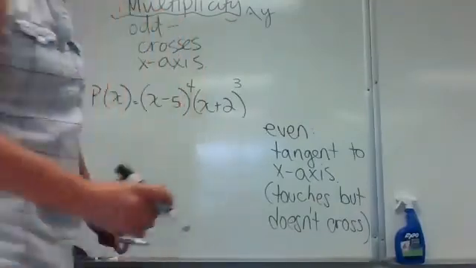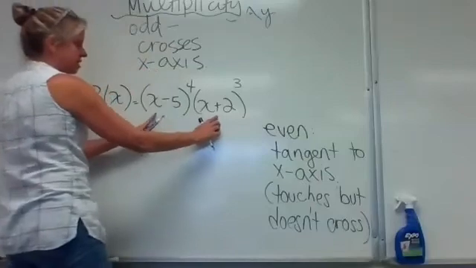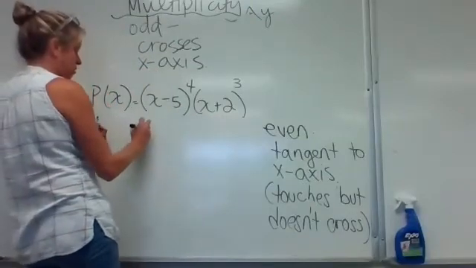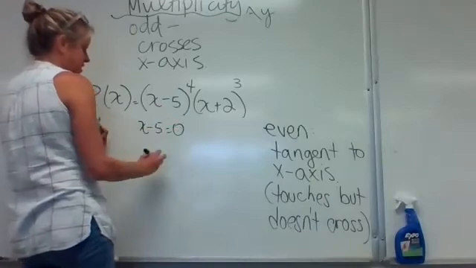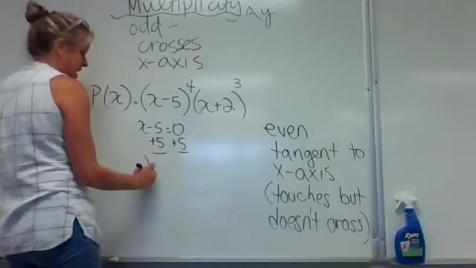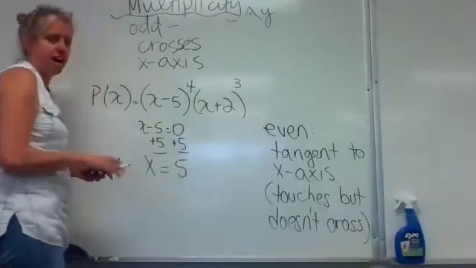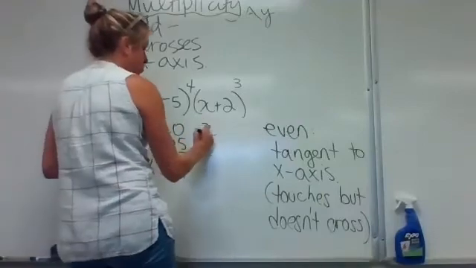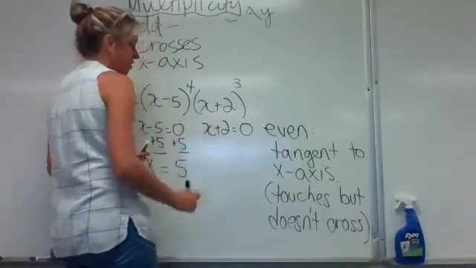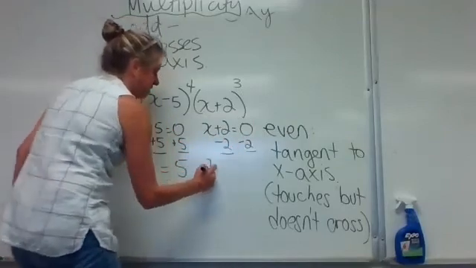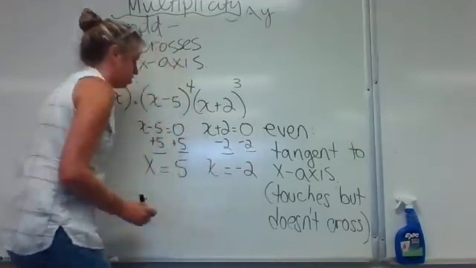So let's see. These are the factors, right? These are what create the zeros. So X minus 5 equals 0. If I solve it for X, I get X equals 5. Same thing here. If I solve this one for X, I would need to subtract the 2 from both sides to get X equals -2.